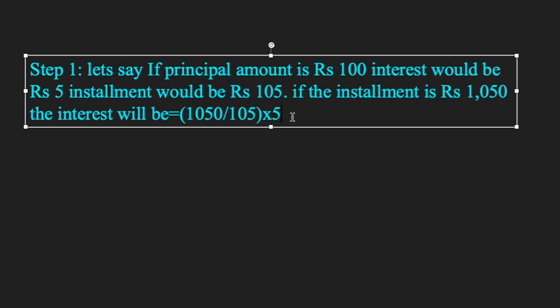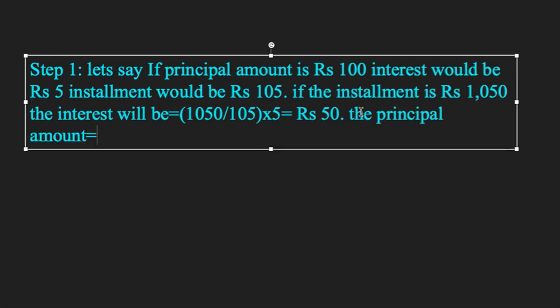So we are going to get interest of rupees 50. When the interest is 50 rupees and the installment is 1050, the principal amount will be 1000 rupees.